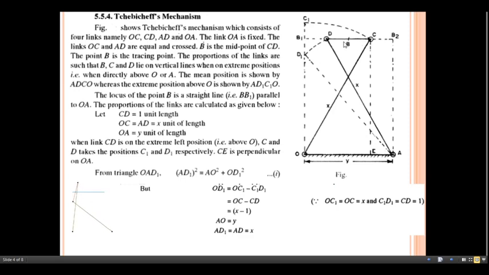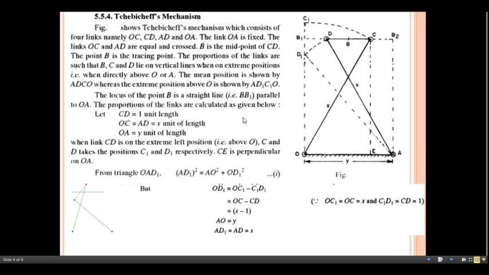The proportions of the links are calculated as given below. Let us consider the length of CD as 1, that is, unit length. OC equals AD, and we consider OC and AD to be equal to unit length. At the same time, consider the length OA to be Y units of length.